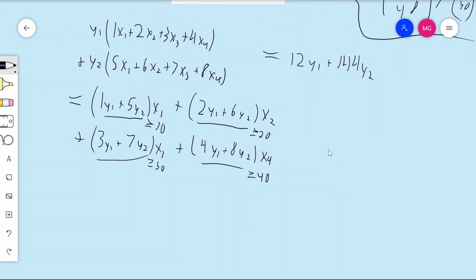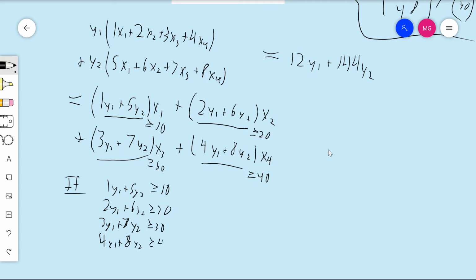Okay, so I'm not saying this can happen, I'm just saying if 1y1 plus 5y2 is greater than or equal to 10, and 2y1 plus 6y2 is greater than or equal to 20, 3y1 plus 7y2 is greater than or equal to 30, and 4y1 plus 8y2 is greater than or equal to 40.